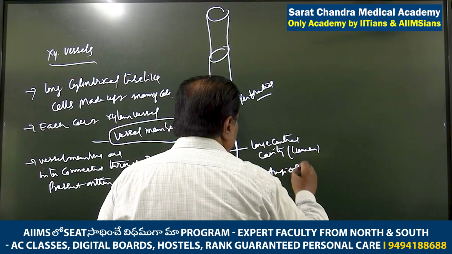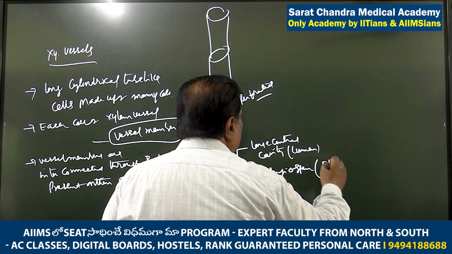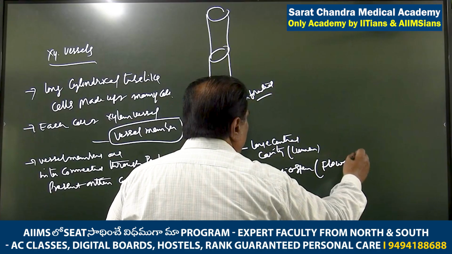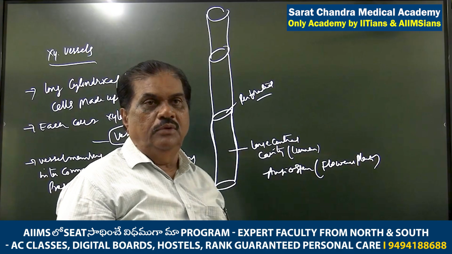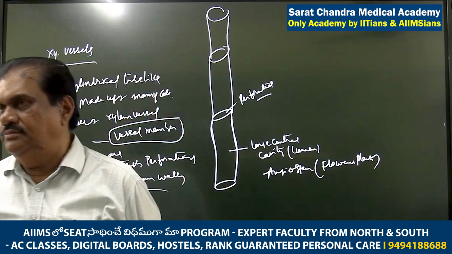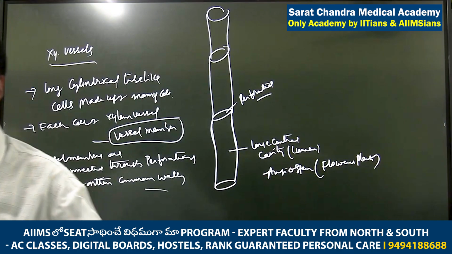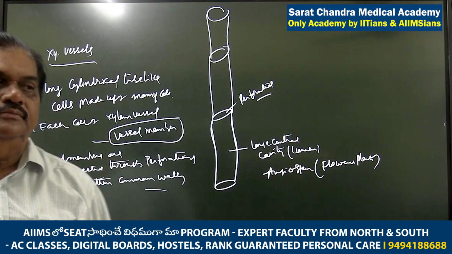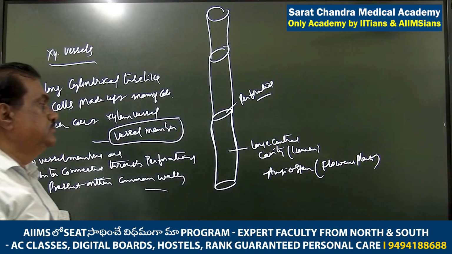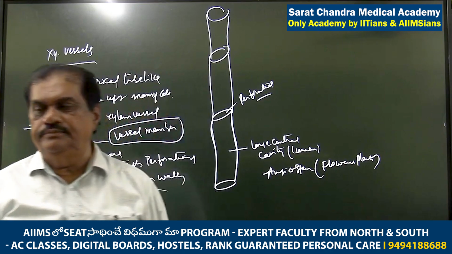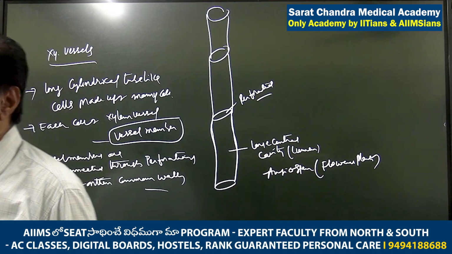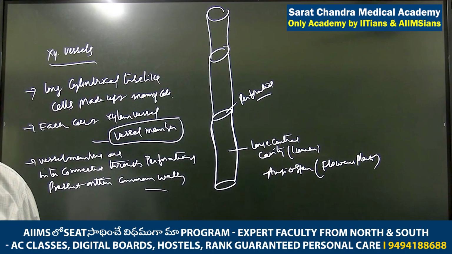Flowering plant here means only angiosperms, because in gymnosperms vessels are absent.